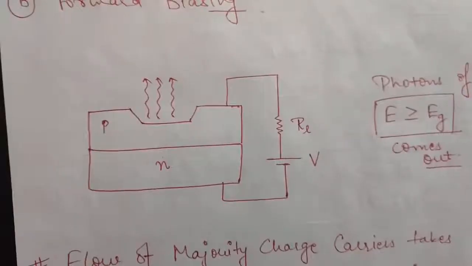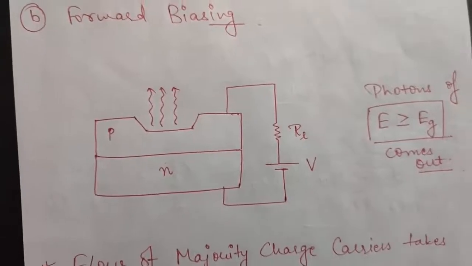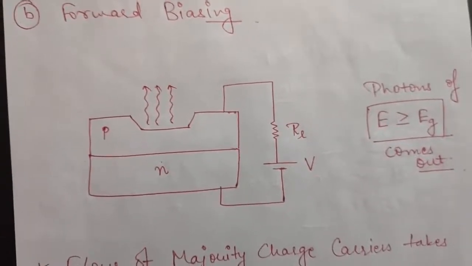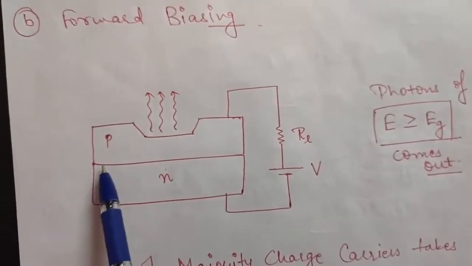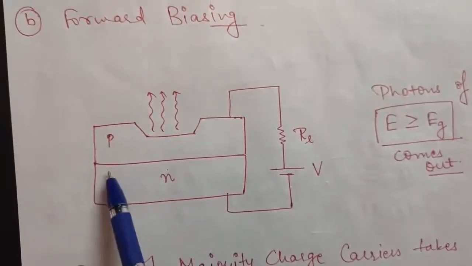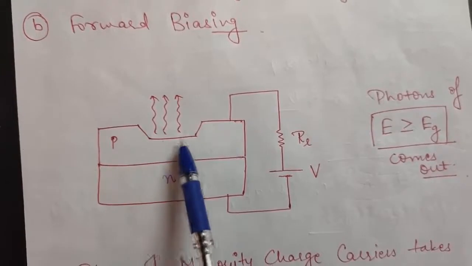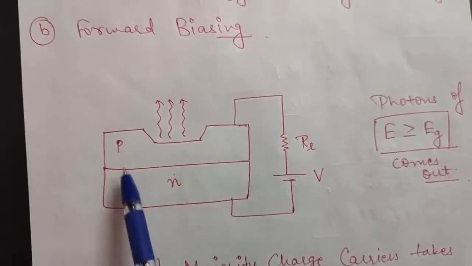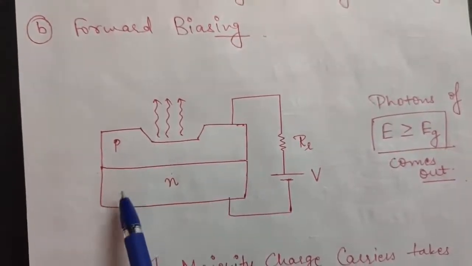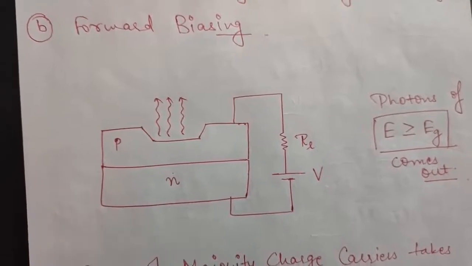Now let us discuss a simple diagram for LEDs. An N-type semiconductor is taken, and above the N-type, a P-type semiconductor is diffused, so we get a p-n junction diode like this.